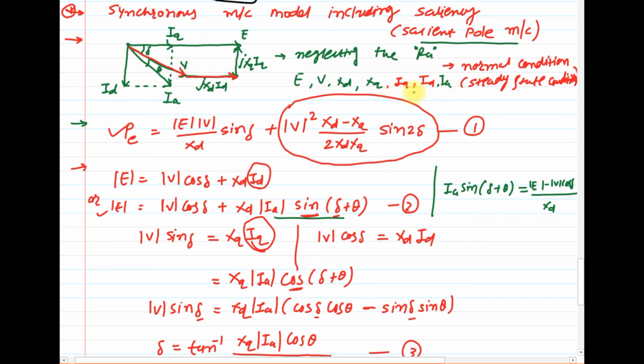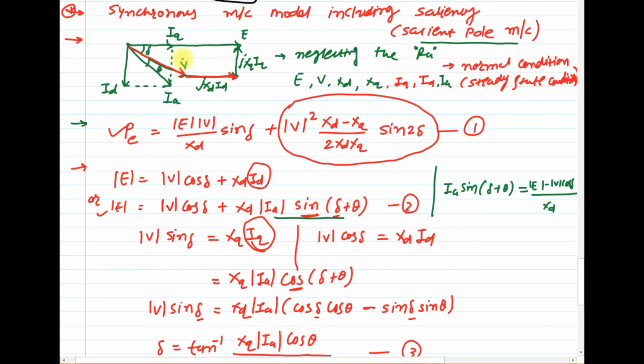Clear? Direct axis, quadrature axis and armature current. Then the power generated by the salient pole machine under normal operating condition is shown by equation 1.